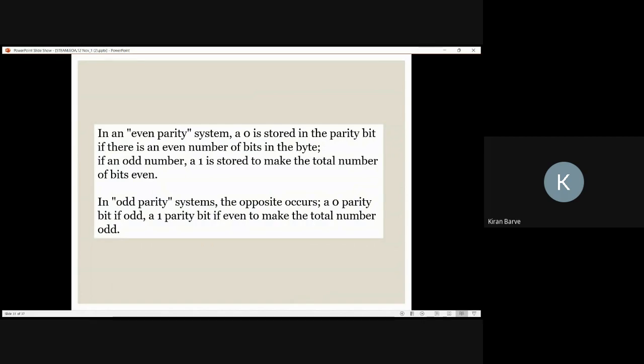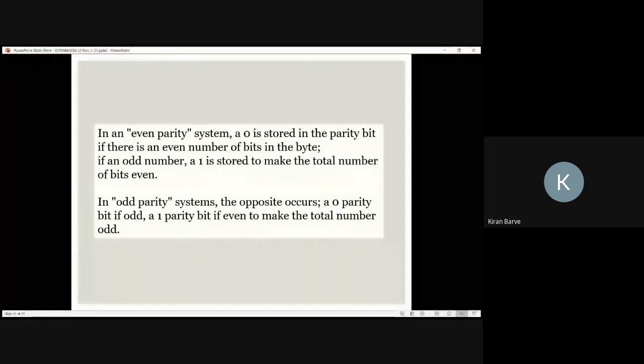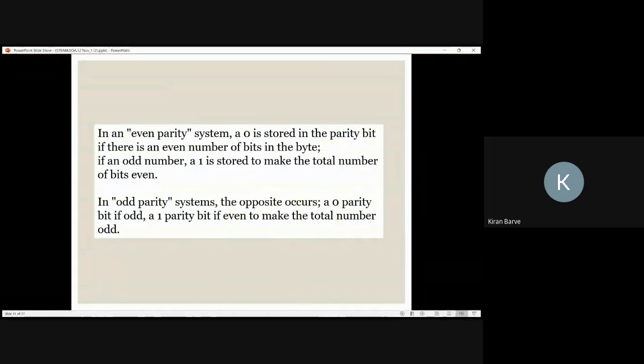Now, when I am sending data, that data may get changed. I think in your early ages, you have done this. Say 4 or 5 persons are sitting in a circle. One tells the message very softly in the ear of the next person.